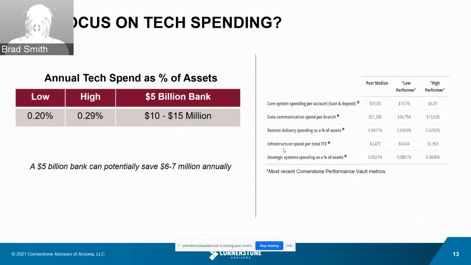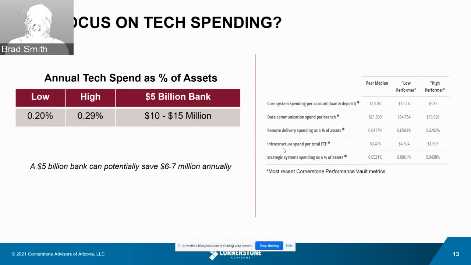And wanted to share some benchmarks there that you can use, but also want to share what the trend has been the last several years: core spend has become commoditized relative to assets. Core spend has come down, datacom has come down, infrastructure has come down. At the same time, remote delivery and strategic system spend has increased.